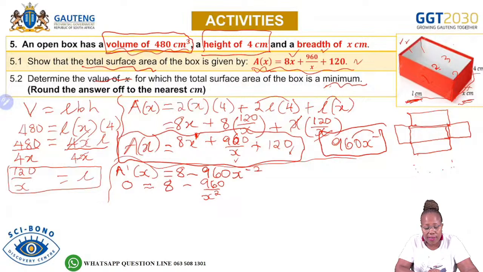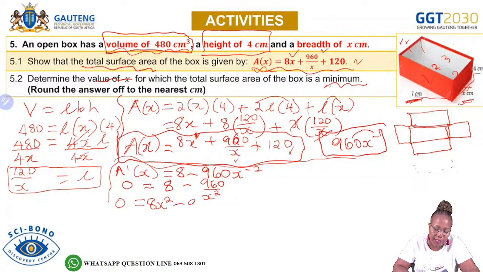All right. And then now our LCD is x squared. For this to be a quadratic equation, we are going to multiply throughout by x squared. So 0 times x squared is 0. 8 times x squared is 8x squared, minus 960 over x squared times the x squared, it will be minus 960 because that x squared will cancel this one.